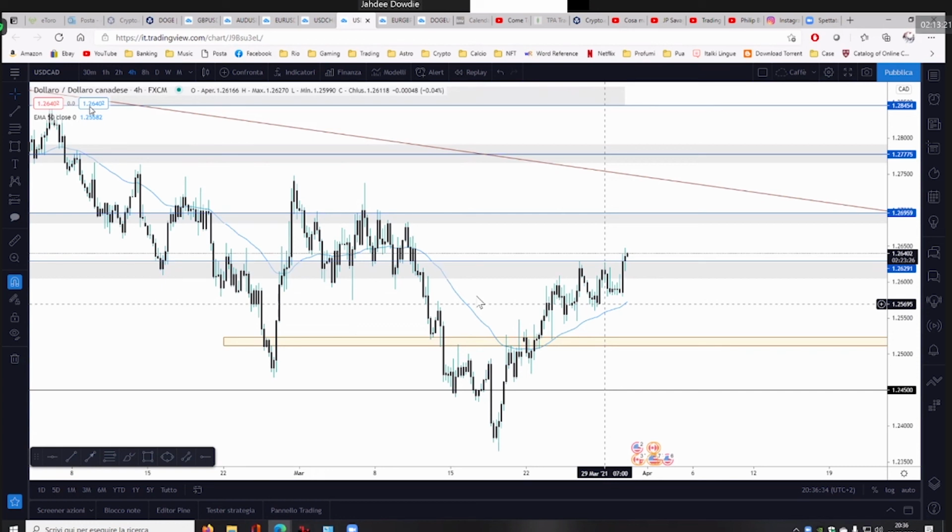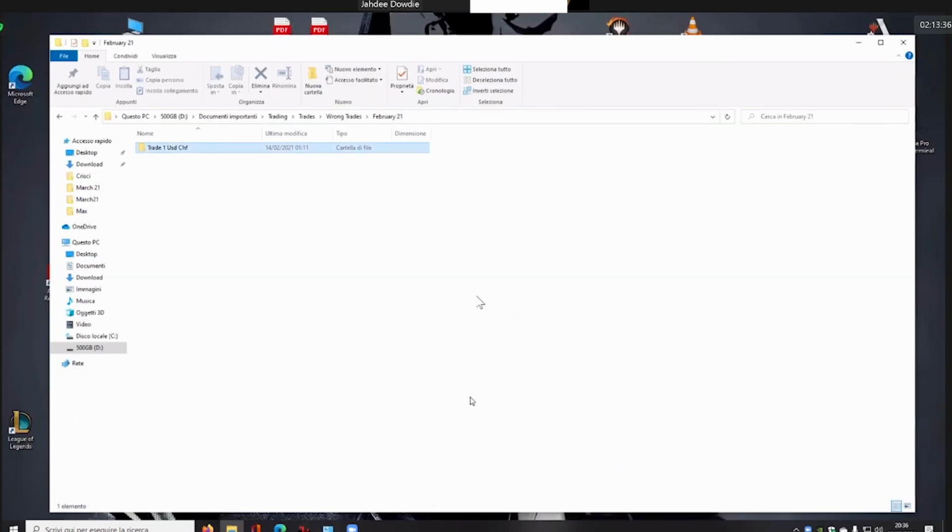Because actually, I think I'm really okay with the setup for risk reward and lot size. As you can see, also in the lost trades, I used to have a kind of good risk to reward ratio.